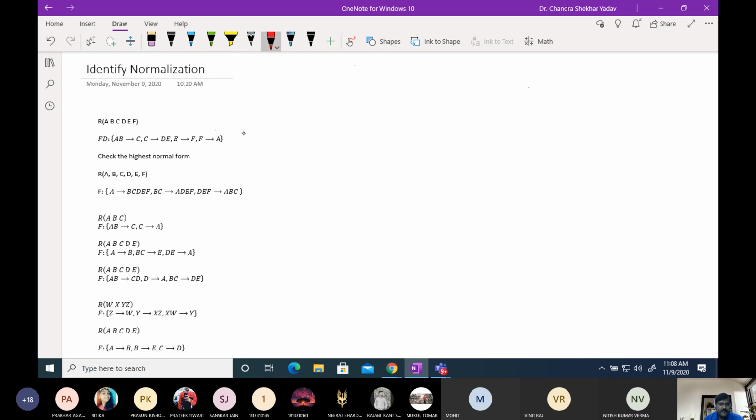You all already know the method of finding the candidate key.